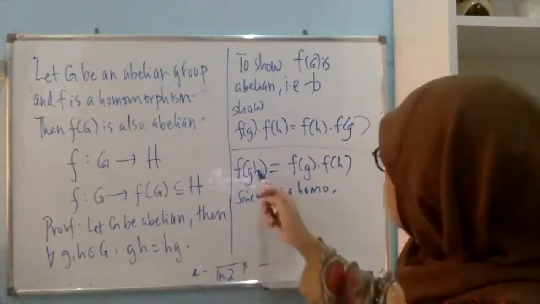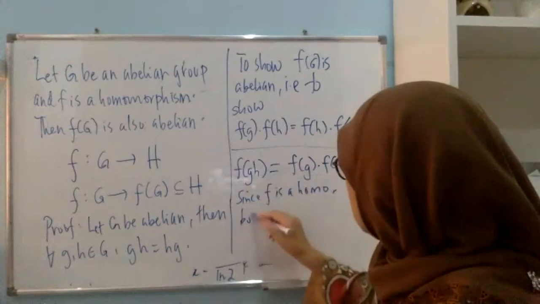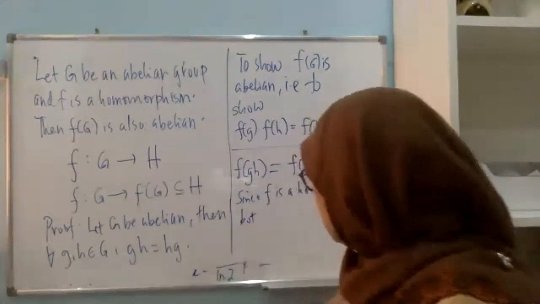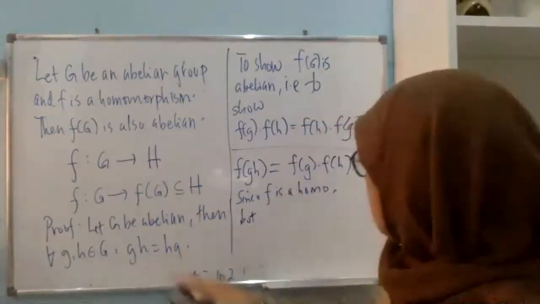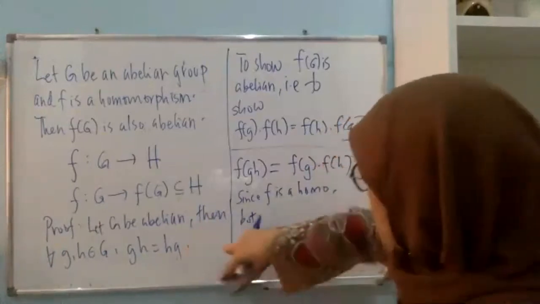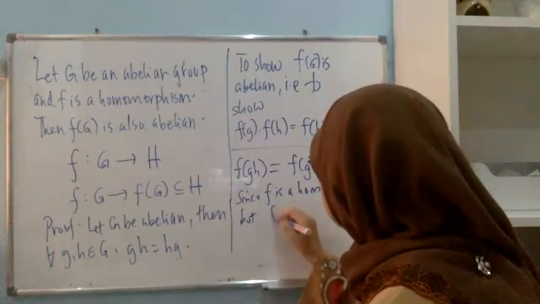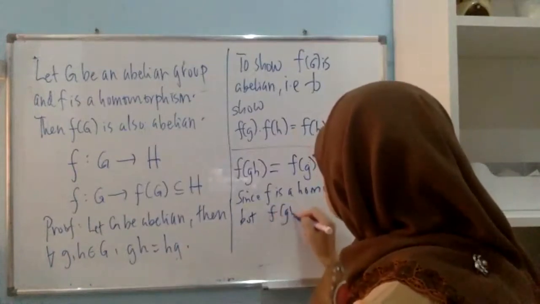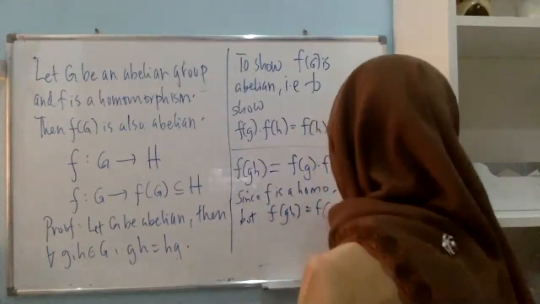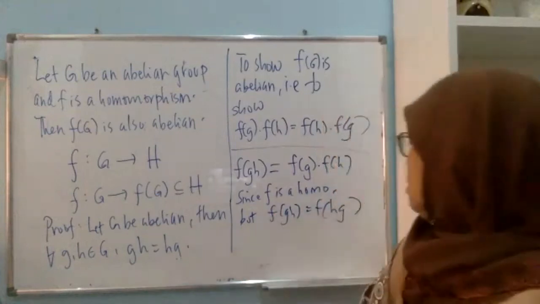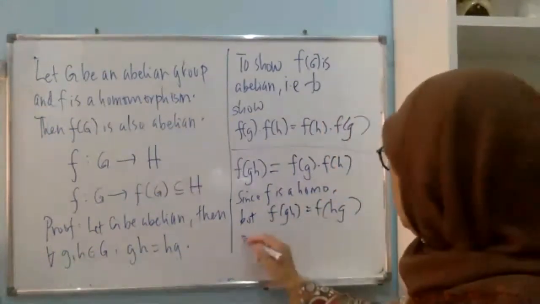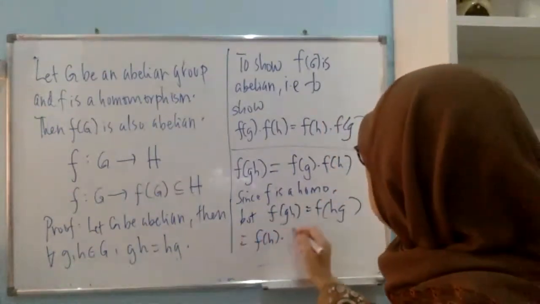It's a homomorphism, so this is equal. But I want to show the fact that it's abelian. But FGH is FHG, which is equal to FHFG.